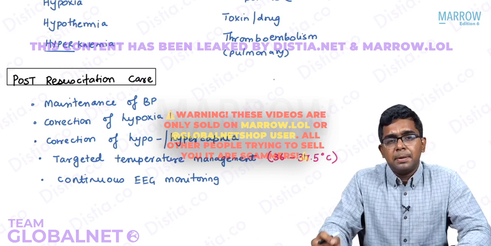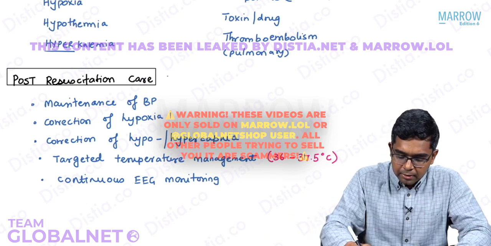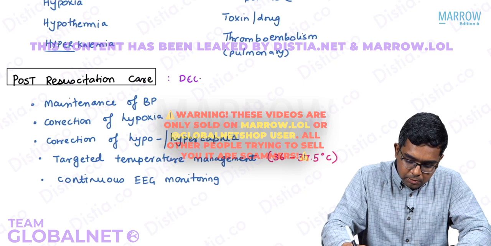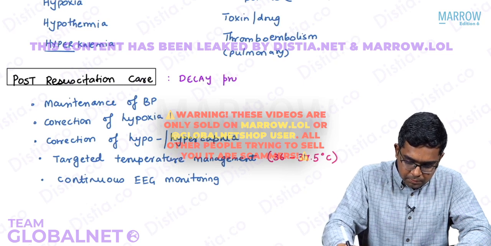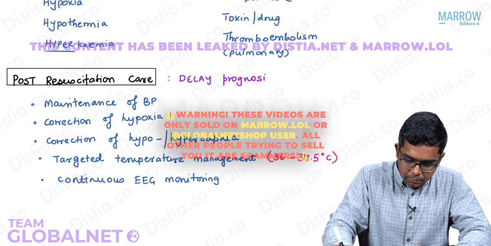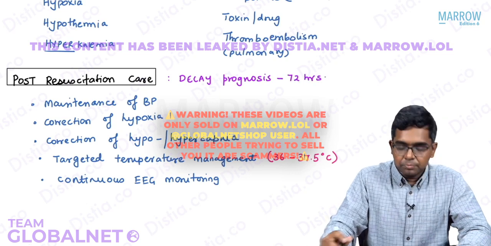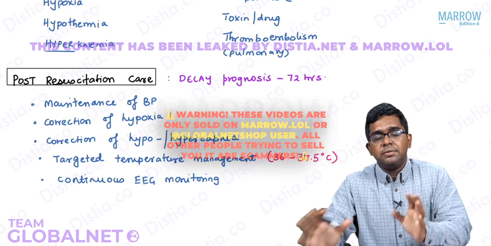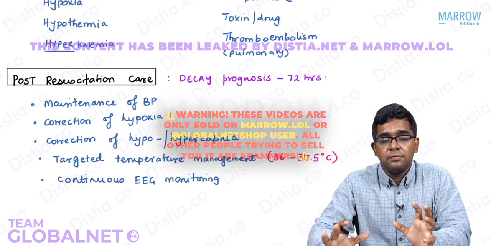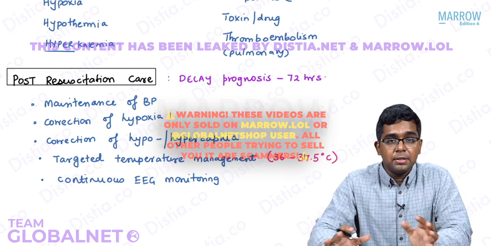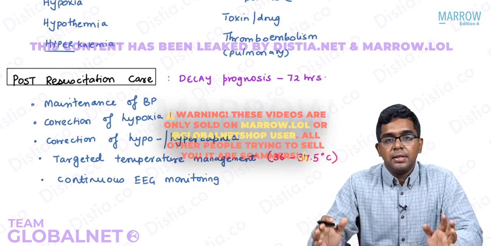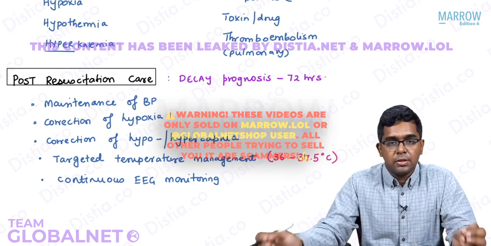Okay. The last part of this post-resuscitation care is delaying the prognosis for 72 hours after the event. Why 72 hours? Because it is found to have a good estimate of the outcome rather than giving the prognosis in the first 72 hours itself.